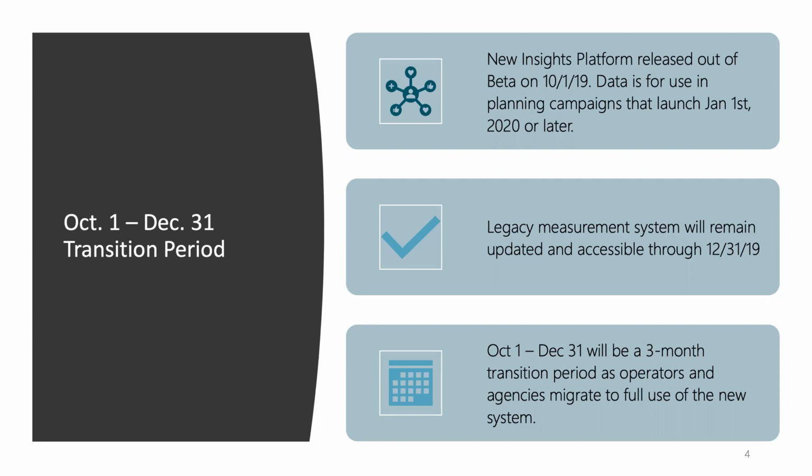So you'll still be able to use and gather all the data you want out of our ADS and old plan tools as well. The purpose is, during that 3-month transition period from October 1st to December 31st, it gives time to the operators and agencies to migrate to full use of the Geopath Insights, again, whether you're accessing that through the Insights suite or the API itself.